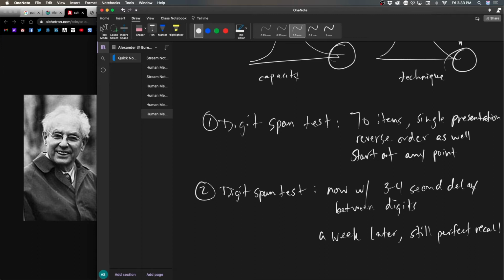So after these two kinds of tests, among other tests, Luria just gave up. He just gave up and he was like, okay, what is the nature of S's memory? And so what he embarked on was a qualitative study.